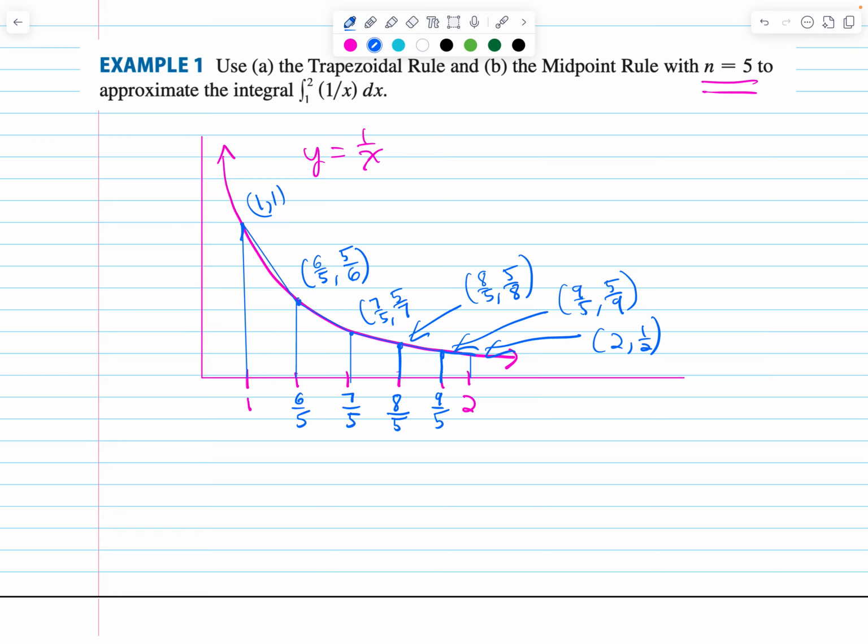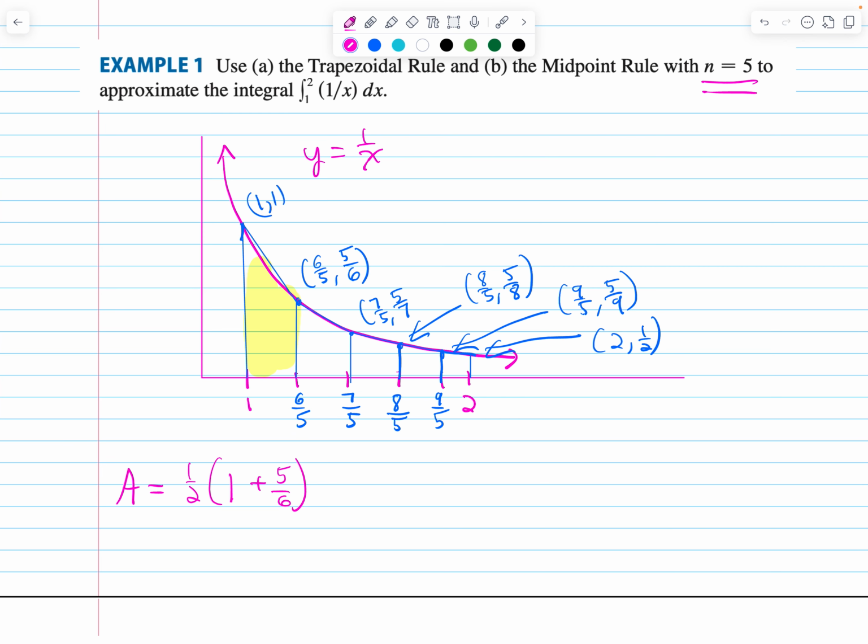So now we need to find the area of all these trapezoids, which means our only calculation would be, okay, my first trapezoid, I'll shade in yellow there: area is 1/2 base 1 plus base 2, in parentheses, just the y values, so that would be 1 plus 5/6.